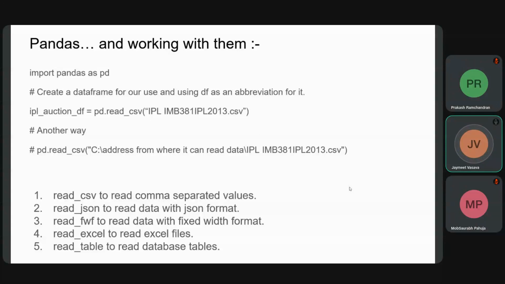Like read_csv, which is present in pandas, we also have read_json for a JSON format file, then read_fwf, which is for fixed width format, then Excel files, and read_table for database tables. So whichever dataset you are trying to read, you can read it through these.